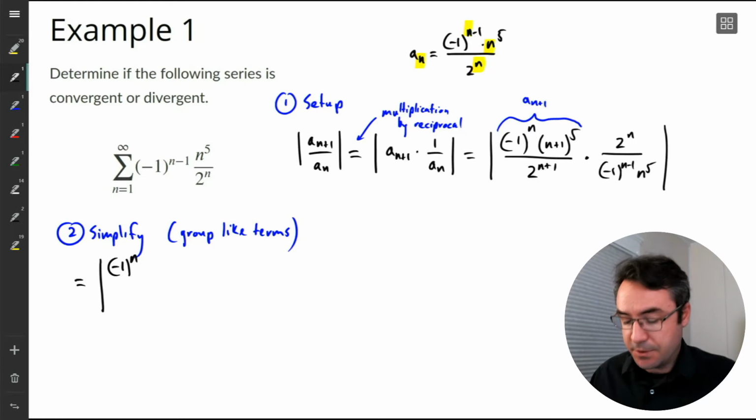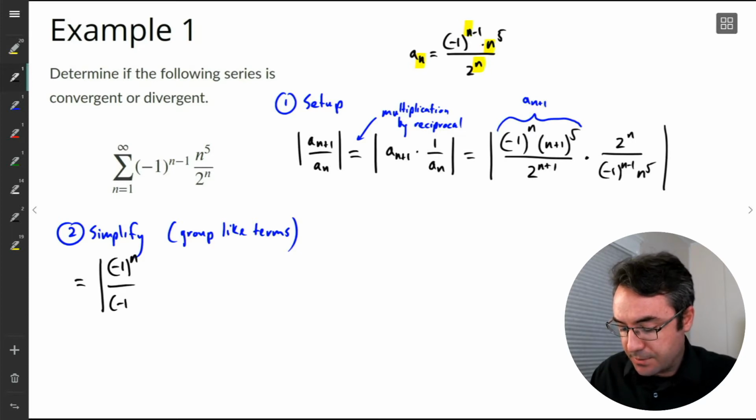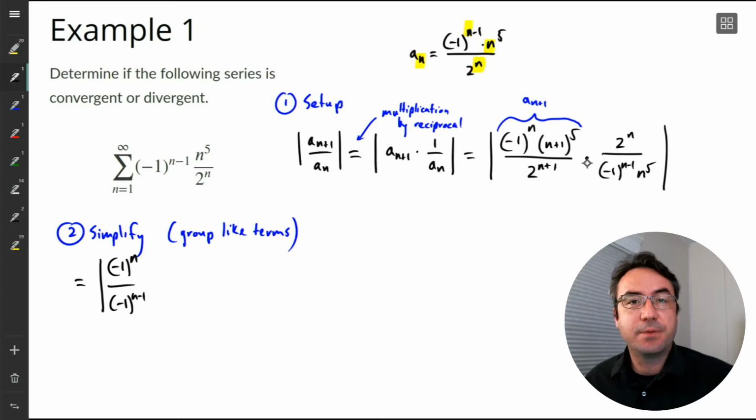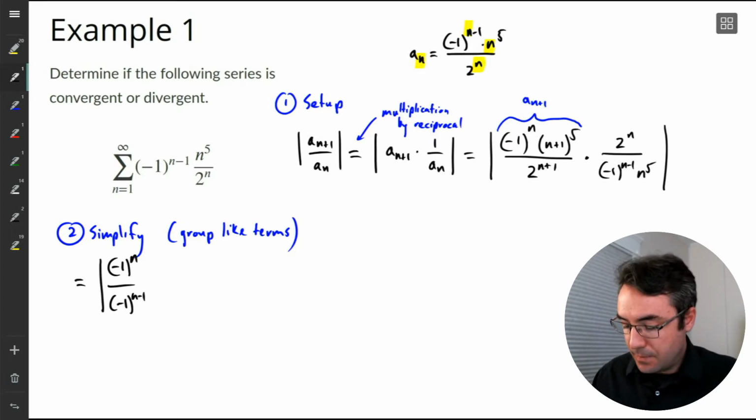Those are like terms. So we're going to group them in their own fraction. The nice thing about multiplying fractions is we can move things around between the fractions, things in the numerator, and the same thing in the denominator. We can break things up as much as we want.